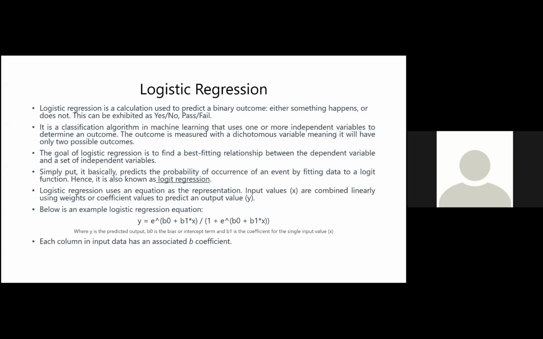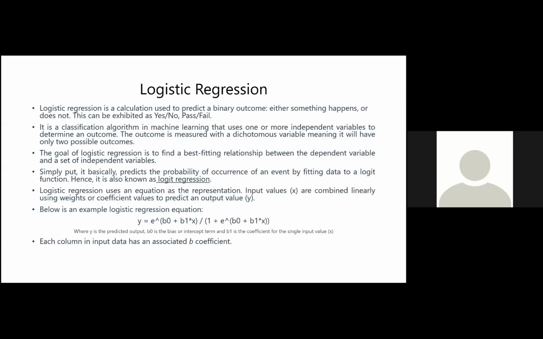Coming to logistic regression. Logistic regression is a calculation which predicts a binary outcome, that is, either yes or no, or 1 or 0, or true or false, and so on.